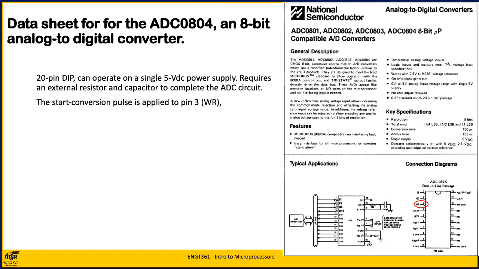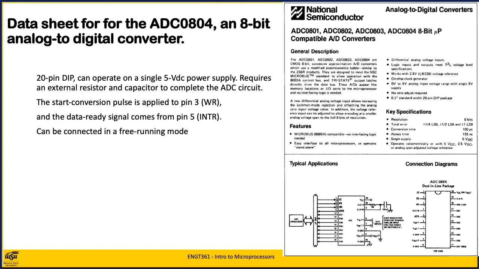The start conversion pulse is applied to pin 3, WR, and the data ready signal comes from pin 5, the INTR. This particular ADC can be connected in a free running mode where it performs one conversion after the other as fast as it can. Notice also that the pin labeled Vref over 2, pin 9, must be set at half the actual reference voltage.